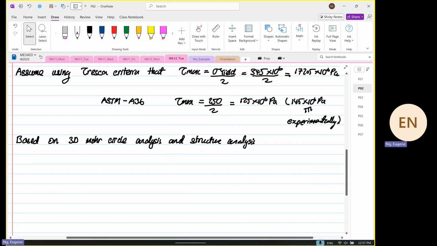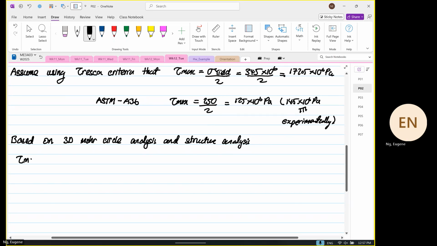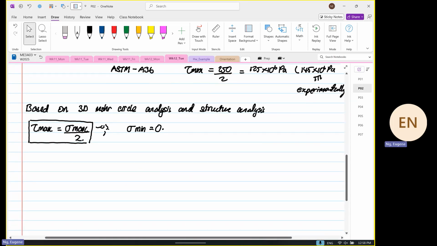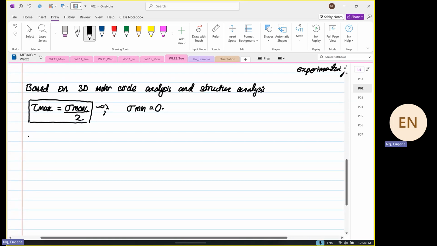We know that tau max is equal to stress max divided by 2. Okay. And we also, for this case, stress mean is going to be equal to 0. Okay. I'm going to call this equation number 1.